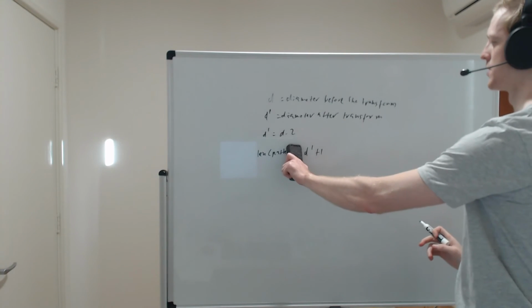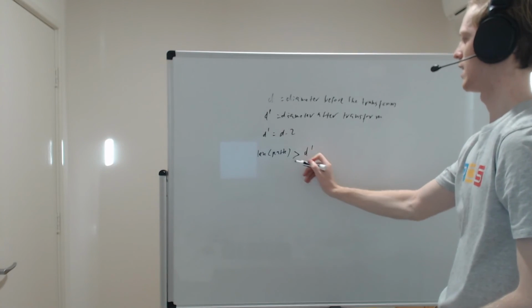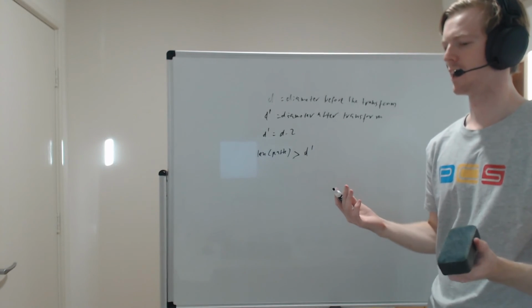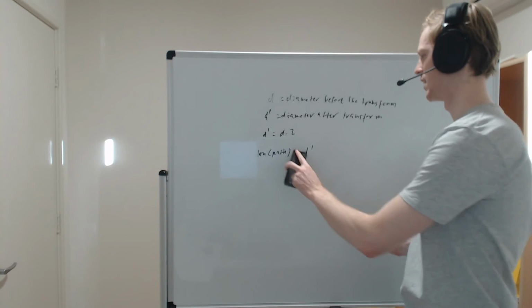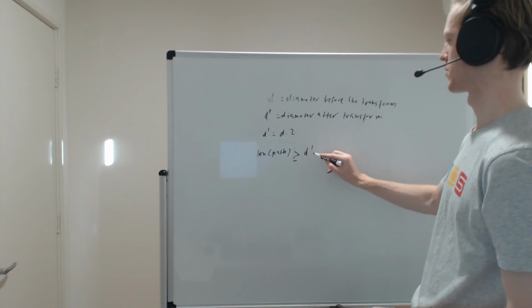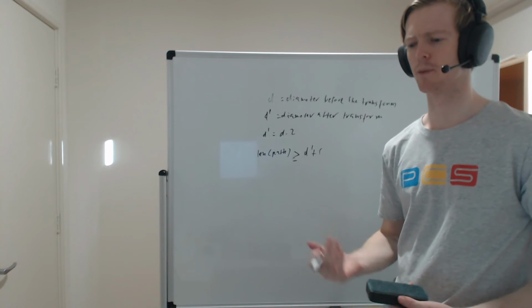I could do this technically as well, but it makes more obvious that the path must be integral if I do greater than or equal to d prime plus 1. And it also lends nicely into my 3 cases.